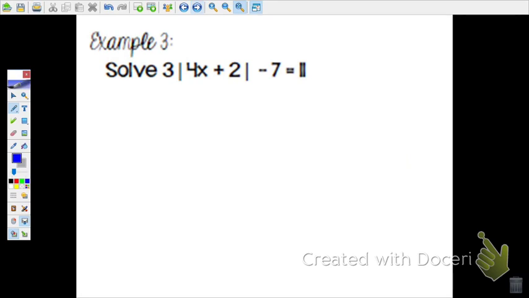Example 3. Again, I need to start out by getting the absolute value all by itself. So this time I have 2 numbers to get rid of. Which one do I get rid of first? The 3 or the 7? Josh? I'm going to get rid of that minus 7, so I'm going to add 7 to both sides.